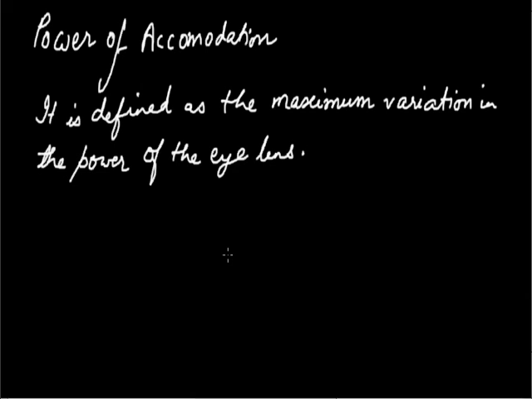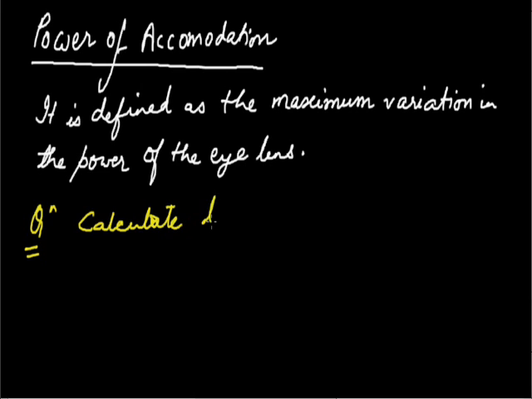As the focal length varies, the power varies, and this is called power of accommodation. Now, we can have a simple workout to get the power of accommodation for a normal human eye. I am giving this in the form of a question: calculate the power of accommodation of a normal human eye.